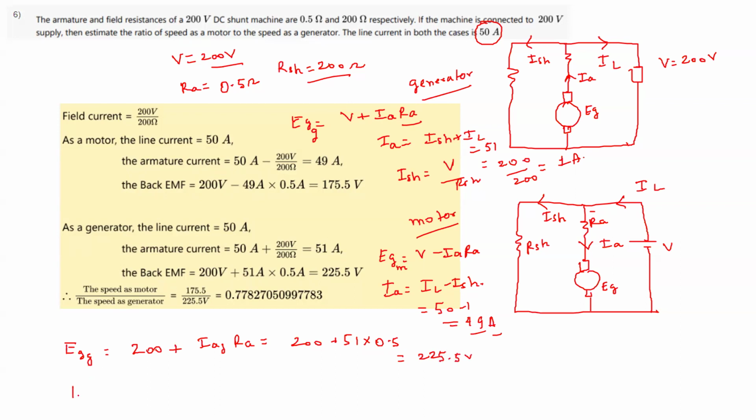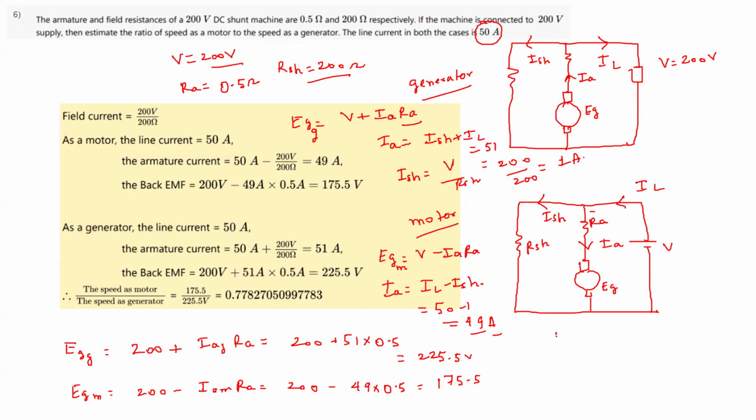Now what about EG motor? EG motor is 200 minus IA motor RA. This is 200 minus 49 into 0.5, so this is 175.5.